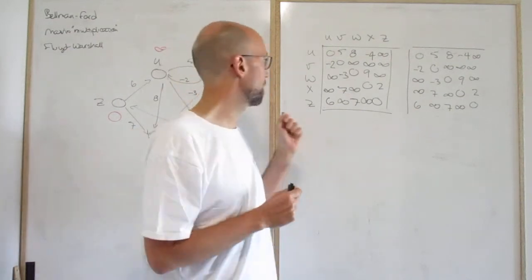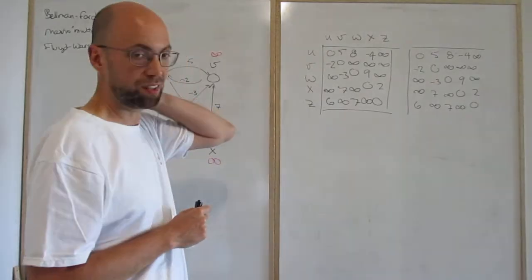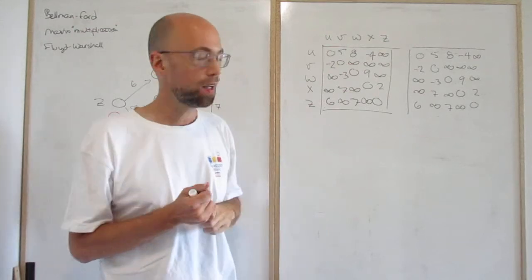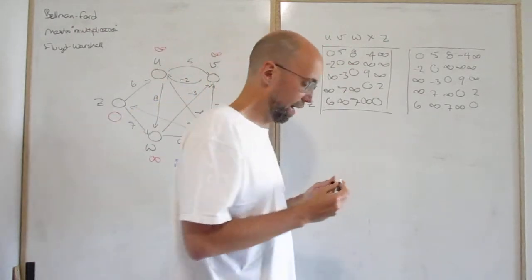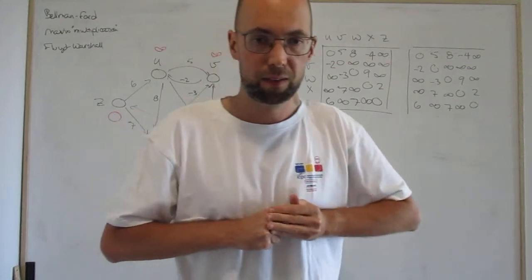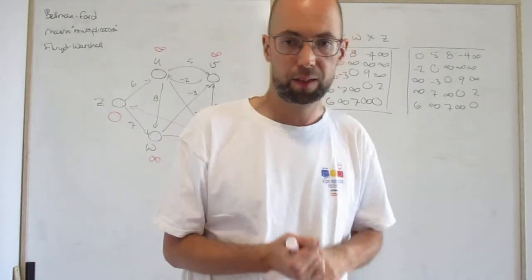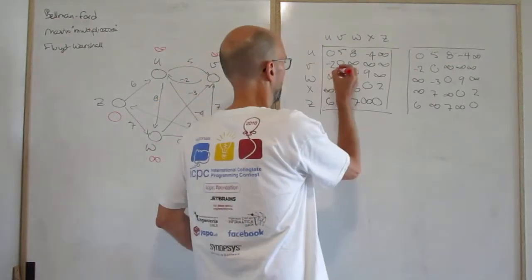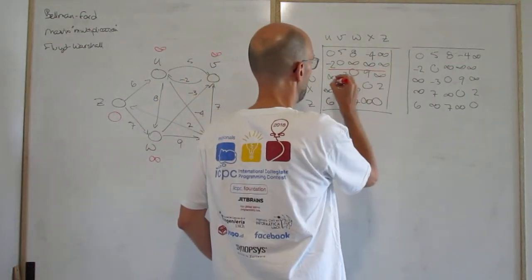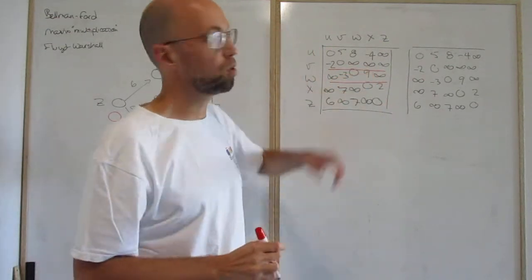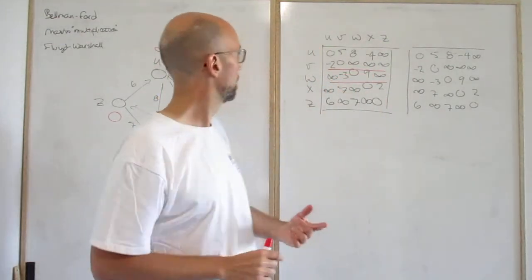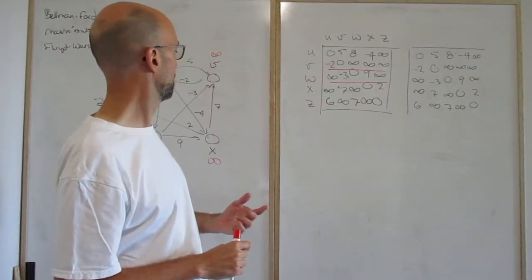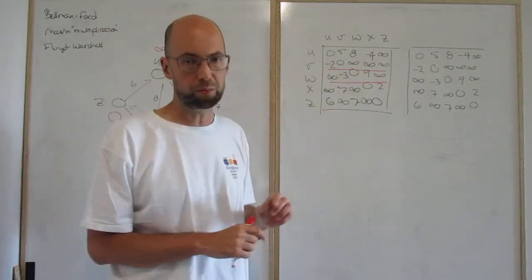So if we're going from W to X in 2 steps, then we're going to look at all of the ways to go from W to somewhere. Well, let's say from W to Z. Yeah, because you can't normally get from W to Z.